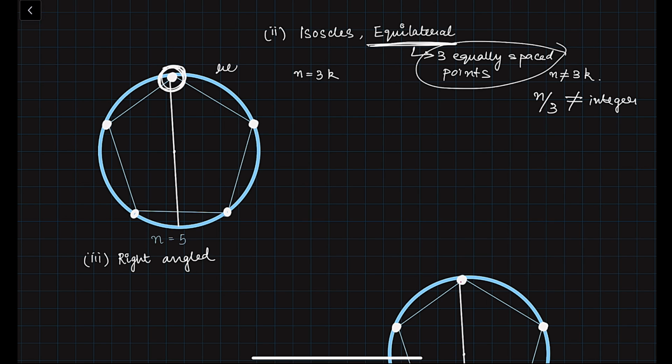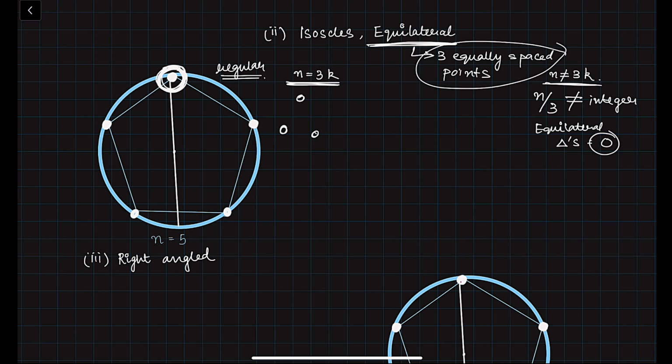This is a regular sided polygon. All the sides are same, so we cannot find 3 equally spaced points for the case that n is not equal to 3k. So for this case, the number of equilateral triangles will be 0, right?